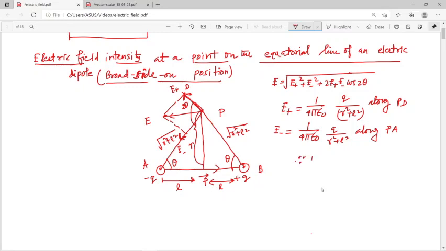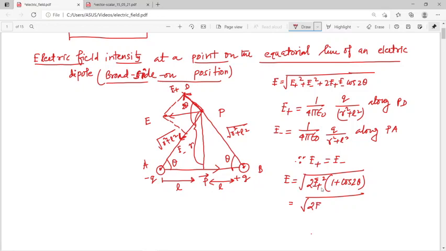So what we can find, with E plus equal to E minus, the electric field can be written as E plus whole square into 1 plus cos 2 theta. That is the electric field. So what we know, 1 plus cos 2 theta, the formula is 2 cos square theta.